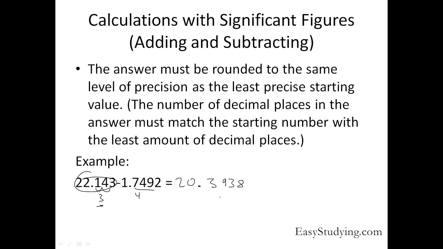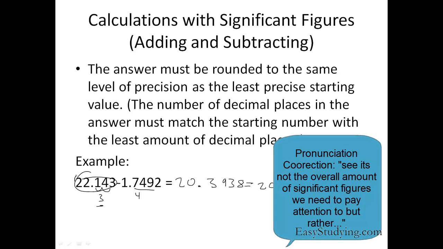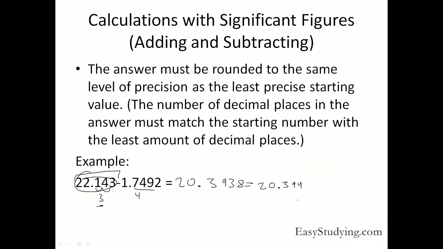So we have to round our answer to 3 decimal places, which would become 20.394. So it's not the overall value that we need for significant figures, but rather just the decimal places with adding and subtracting that we need to match up with significant figure values from the starting numbers.